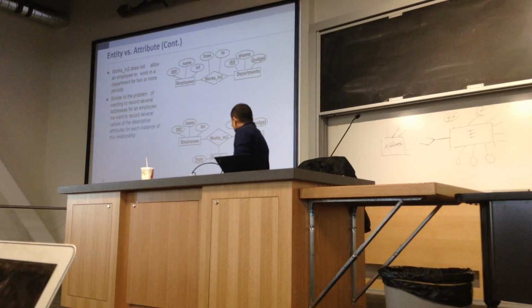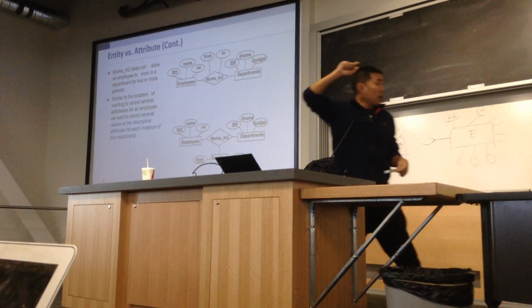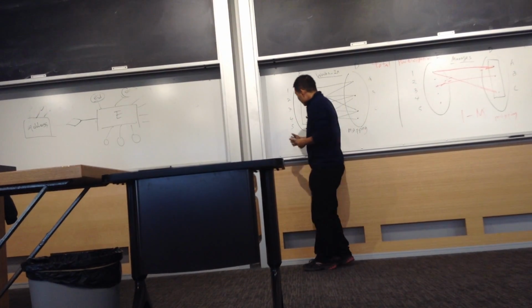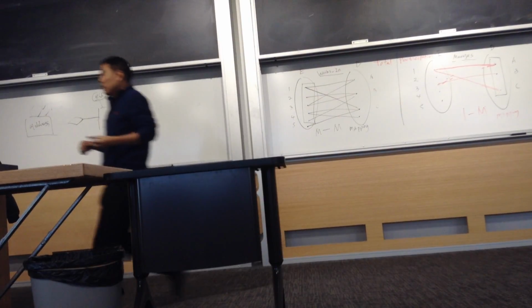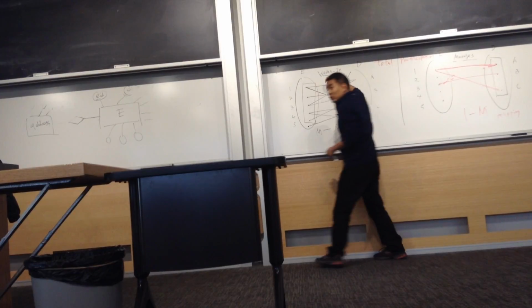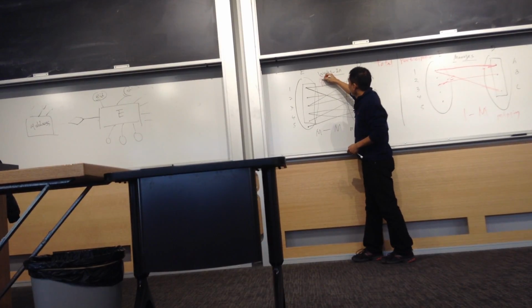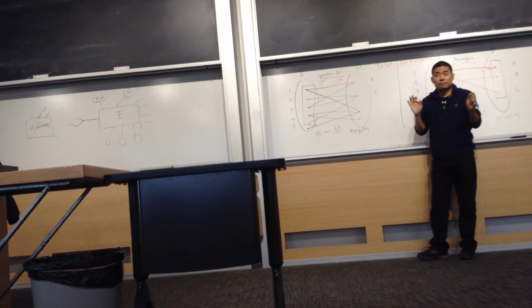So, what's not captured by the design on top is the following. If you have a design like that on top, what's going on is, if I look at any one relationship from this working relationship set, I can have 2 attributes, from and to, right? Does that make sense?